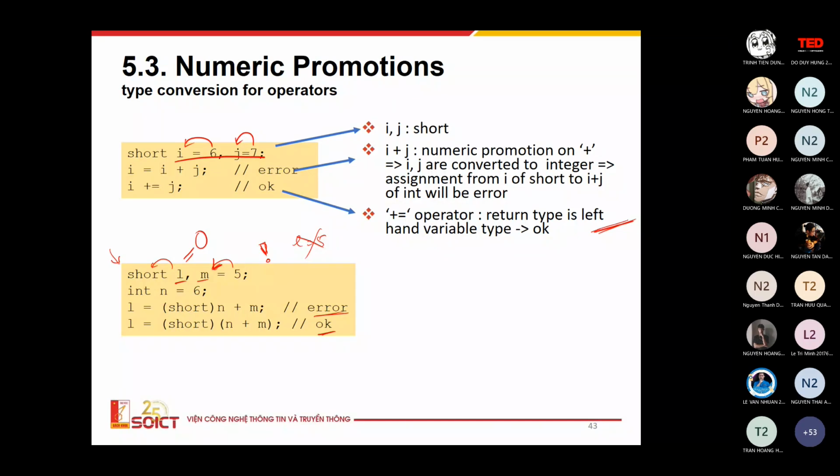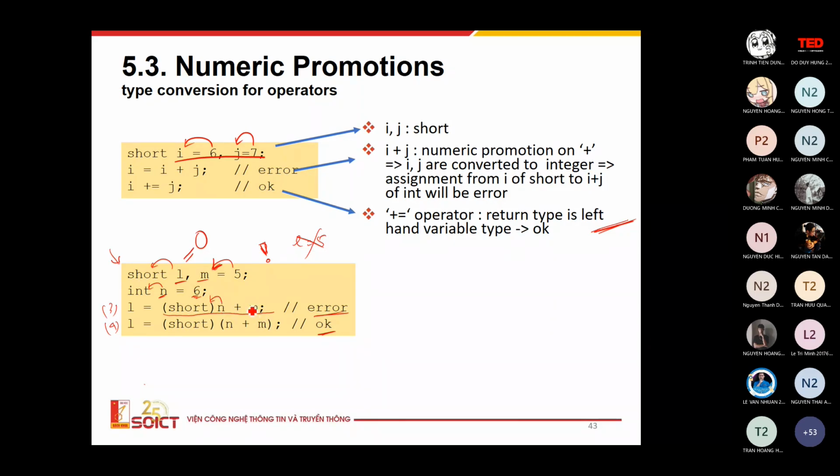Okay, can you continue? The second line, we define the variable named n with type int and assign 6 to n. Okay. The third line, why is it an error? Because the right hand side, we cast explicitly to short.